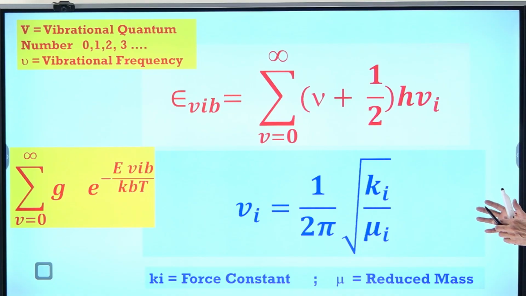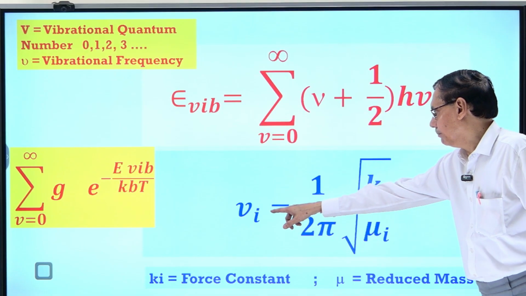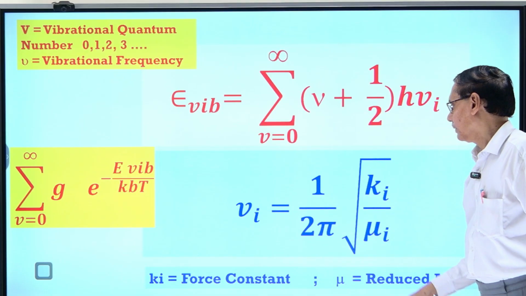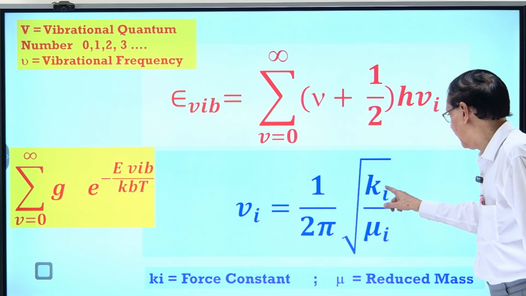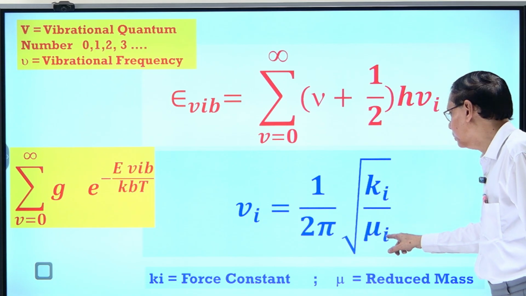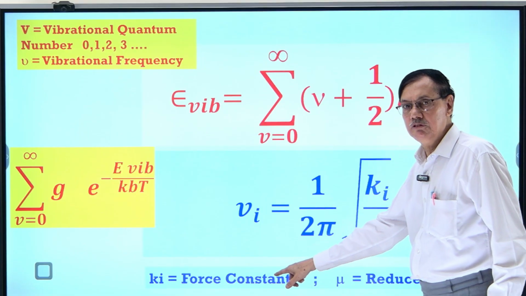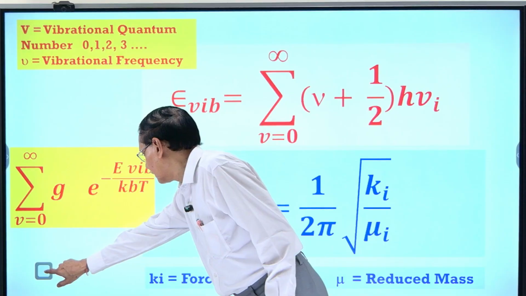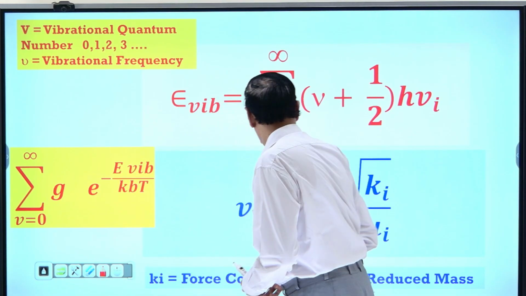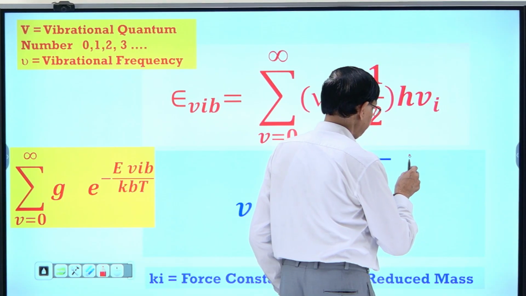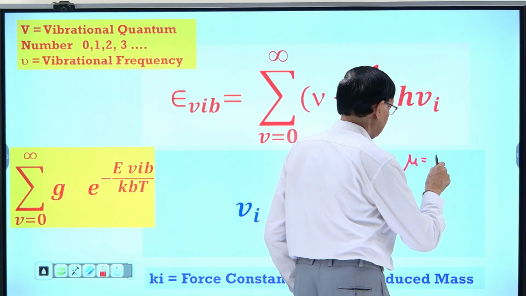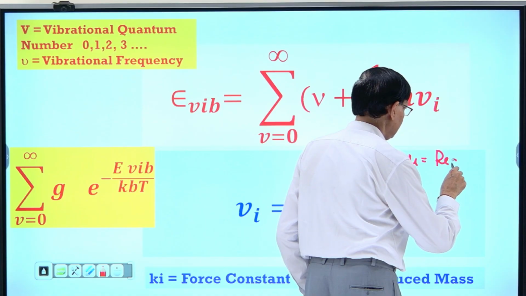So if you want to calculate the force constant, then we can write the vibrational frequency is equal to 1 by 2 pi square root of k by mu, where k is the force constant and mu, you know that, is the reduced mass.